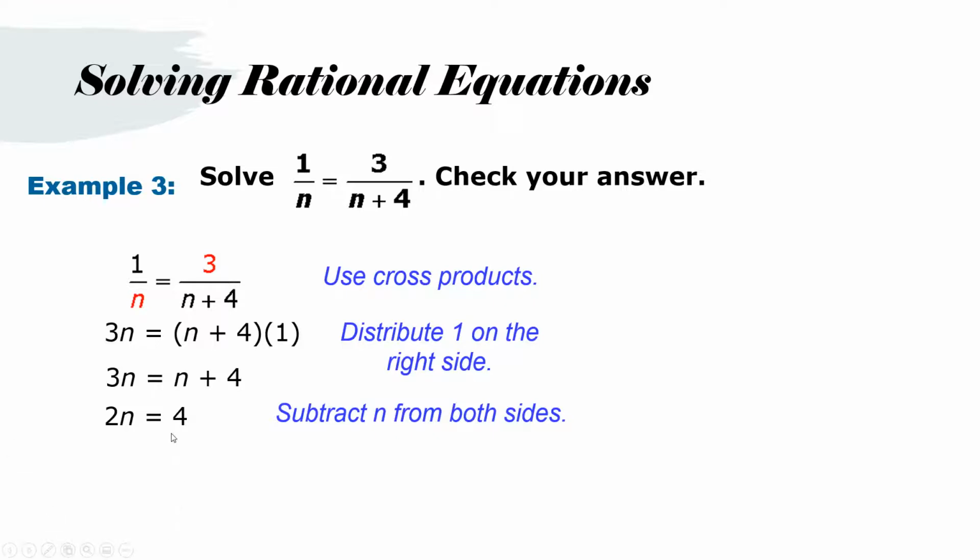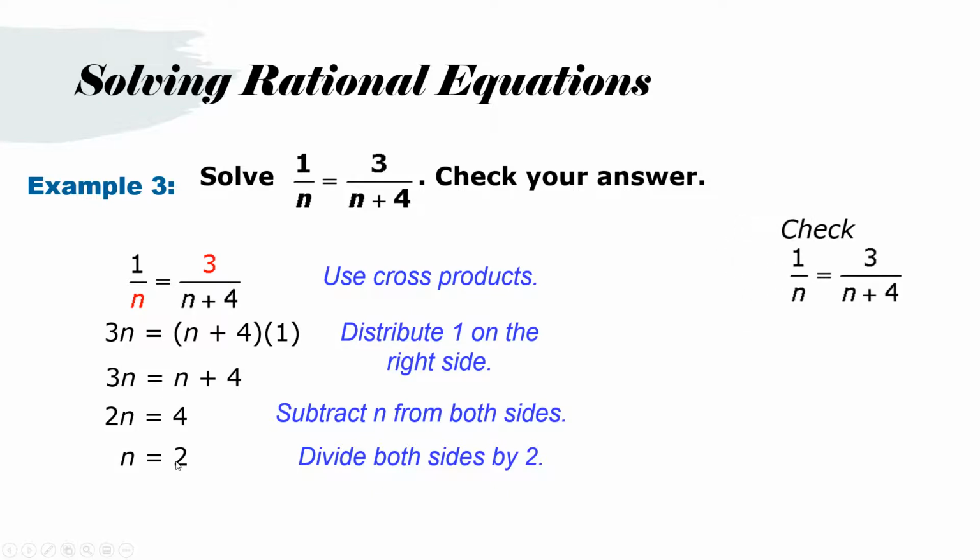So, what would be the number? Let's consider n as a number. What number, if we multiply it by 2, the answer is 4? The answer is 2. Or, divide both sides by 2. So 2n divided by 2 equals n, and 4 divided by 2 is 2.